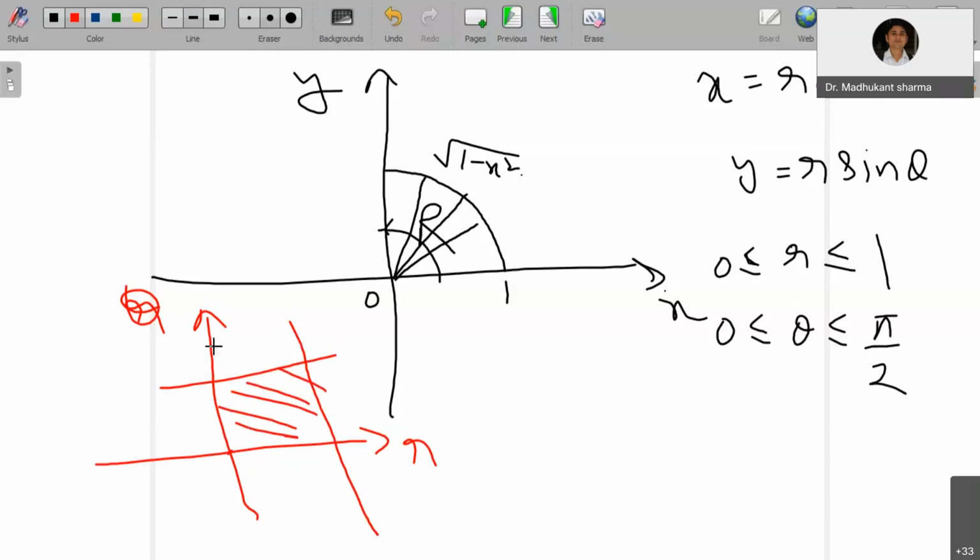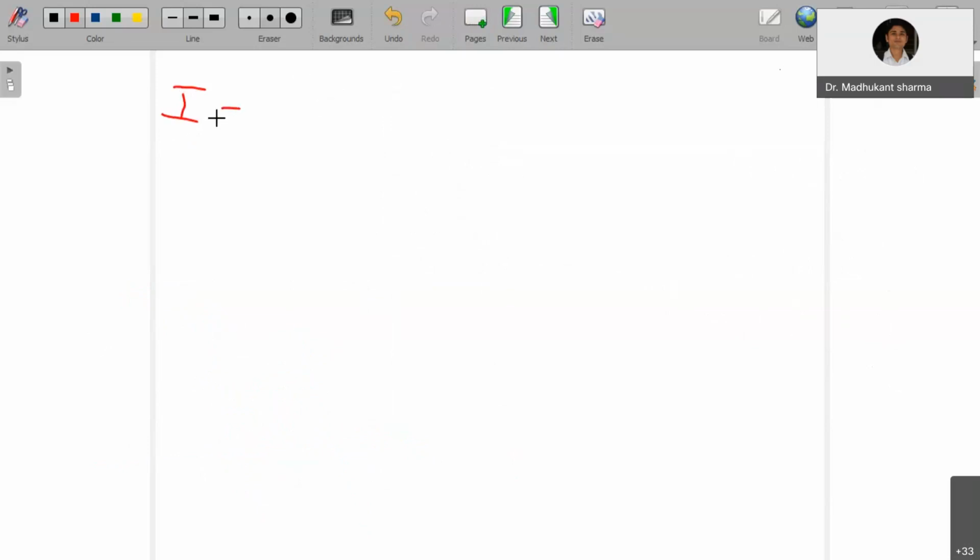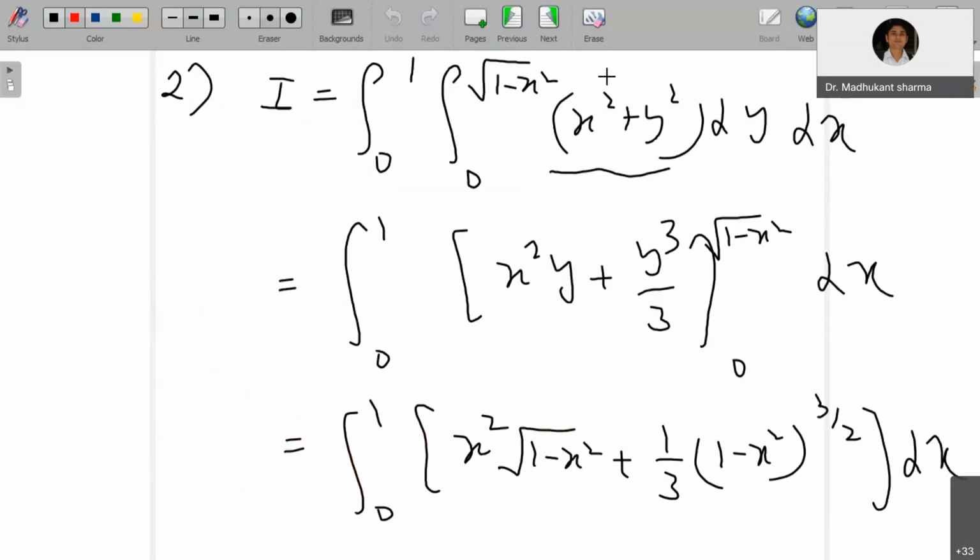Okay, so geometry becomes simple here. Now carefully, therefore I equals integration 0 to 1 and integration here. So x square plus y square, you have to change x equals to r cos theta, y equals to r sin theta. So it's going to be r square.